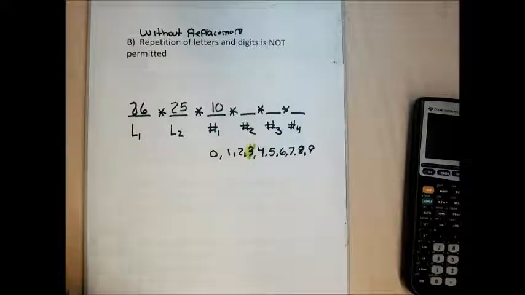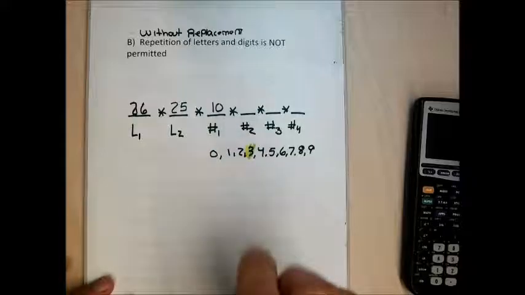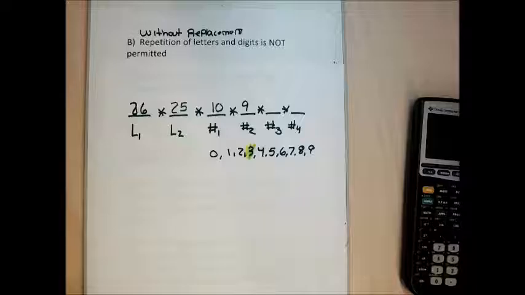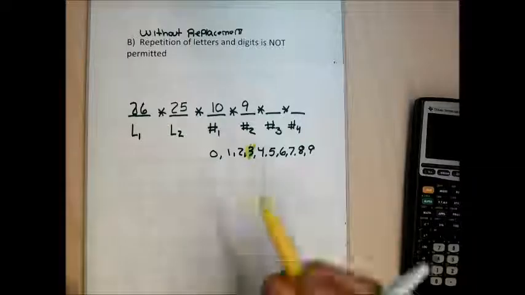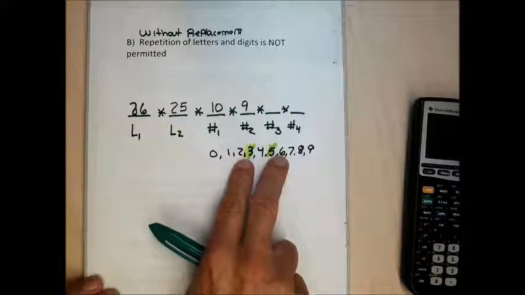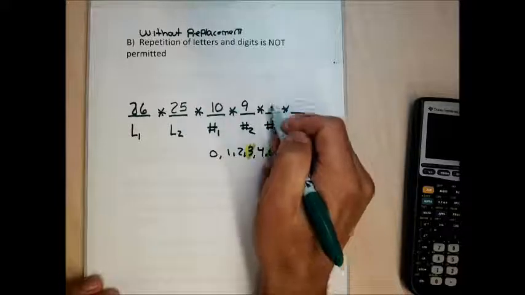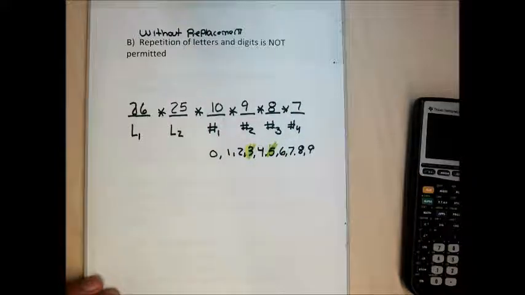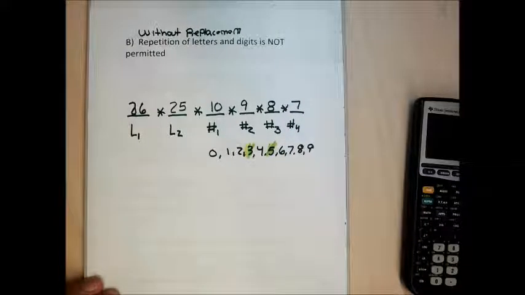So if I use 3 for the first one, it can't be used for the second digit, and I'm only going to have 9 digits to choose from for the next digit. After I pick 2 numbers, there's only going to be 8 numbers left for the third, and then 7 numbers for the last. So I just need to increment down 1 each time.